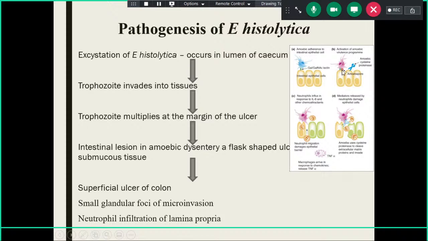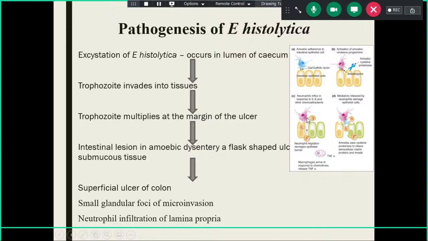Then this amoeba gets attached, and the trophozoites of histolytica are known to produce a lot of mucolytic enzymes, a lot of proteinase enzyme. Amoebic cysteine proteinase enzyme digests this epithelial cell, and they produce amoebapore which makes a tunnel into the epithelial cell, giving it a path to invade deeper into the submucosal layer.